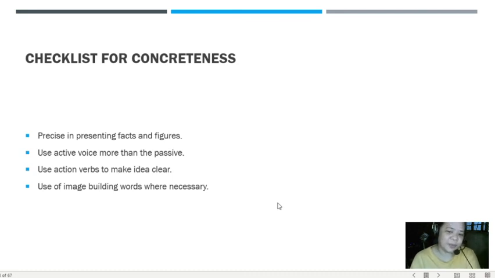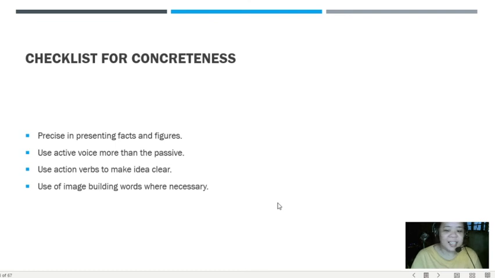Use active voice more than passive. The fourth one is use action verbs to make the idea clear. So for us to have a very concrete, very solid message, we can put action verbs to make the idea clear.